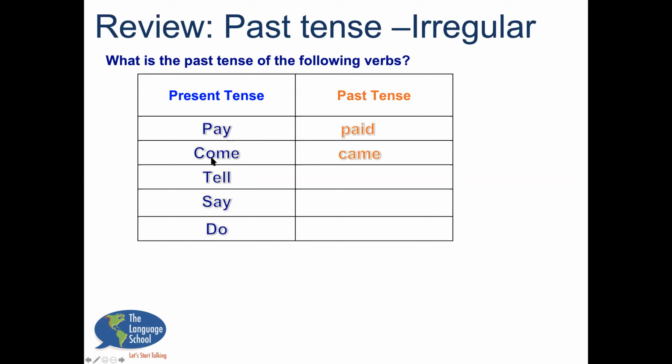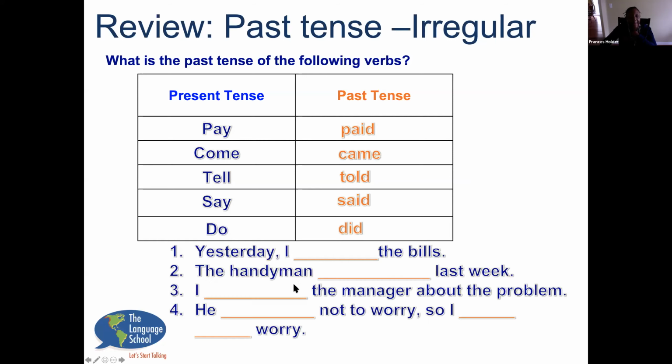What's the past tense of tell? Told. Excellent. What about say? Said. Good. What about do? Did. Well done. These are irregular past tenses, okay?